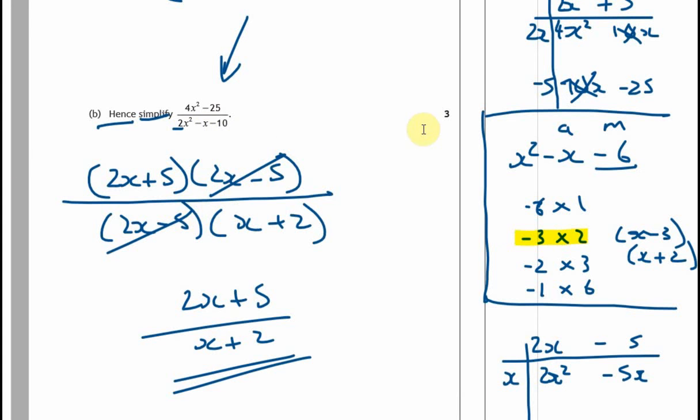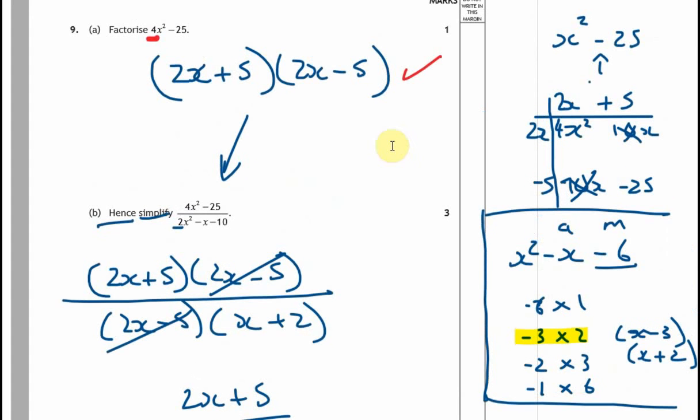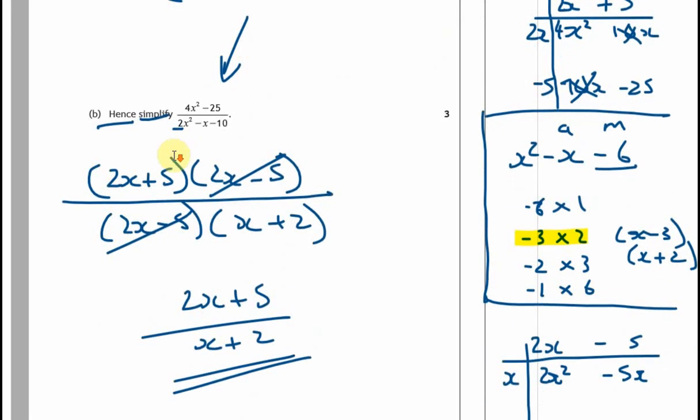So for 3 marks, really, I think that's pretty good. So where do those 3 marks come from? You're getting your first mark for starting to factorize it, and then a mark for finishing the factorizing.